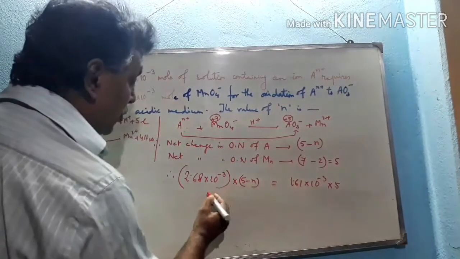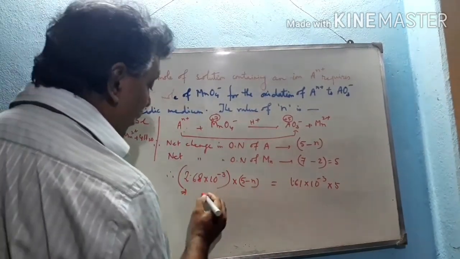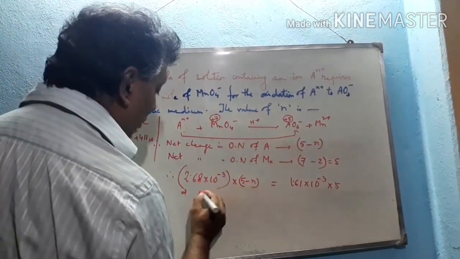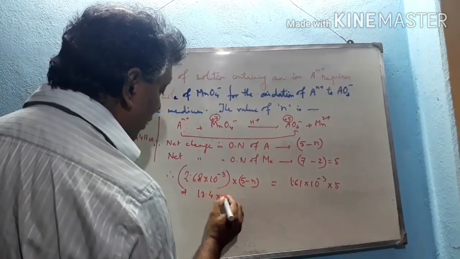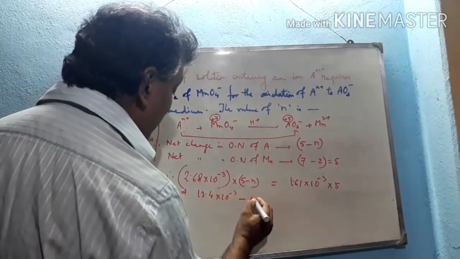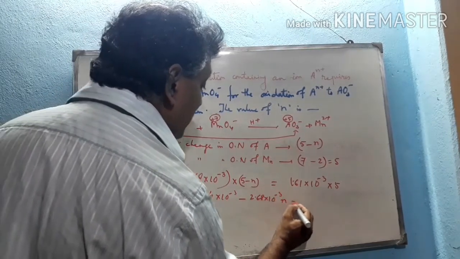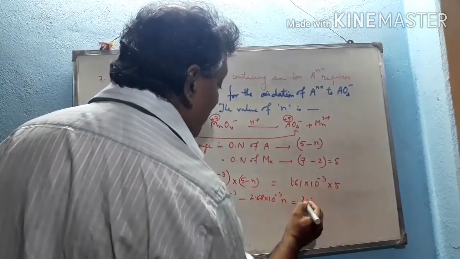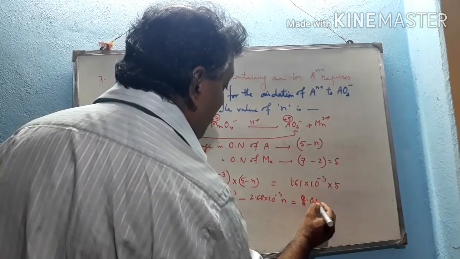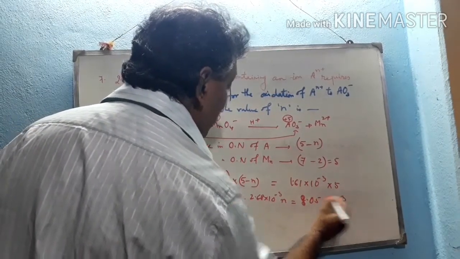This will be equal. So by solving this, we have to find out the value of N. 2.68 into 5, that means 13.4 into 10 to the power minus 3, minus 2.68 into 10 to the power minus 3 N, equal to 1.68 into 5, that means 8.05 into 10 to the power minus 3.